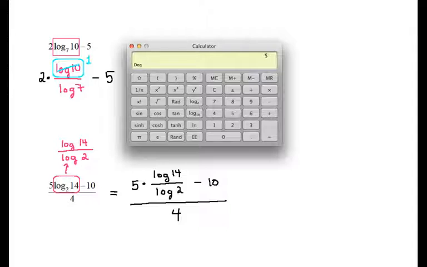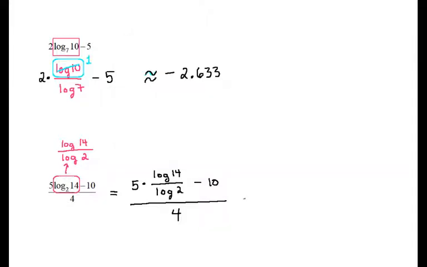So for example, here if I start with 5 times, and I'll do the log of 14 divided by the log of 2, and then subtract off 10, that gets me the whole numerator, and now I can divide that whole numerator by 4 to get 2.259. Sometimes just getting to know your calculator is the best way you can spend time on a section like this one.